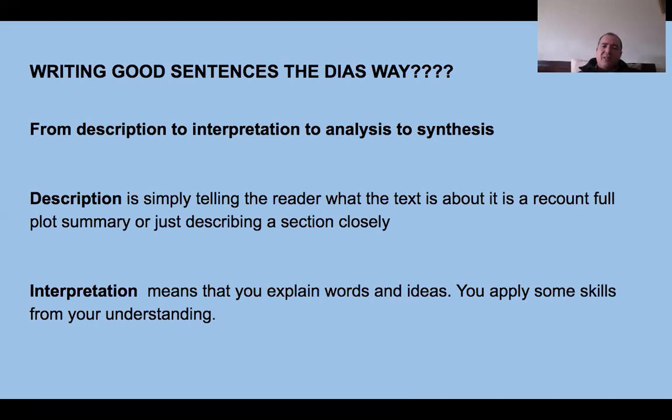Description is simply telling the reader what the text is about. It is a recount, full of plot summary or just describing a section closely. Interpretation means that you explain words and ideas. You apply some skills from your understanding.